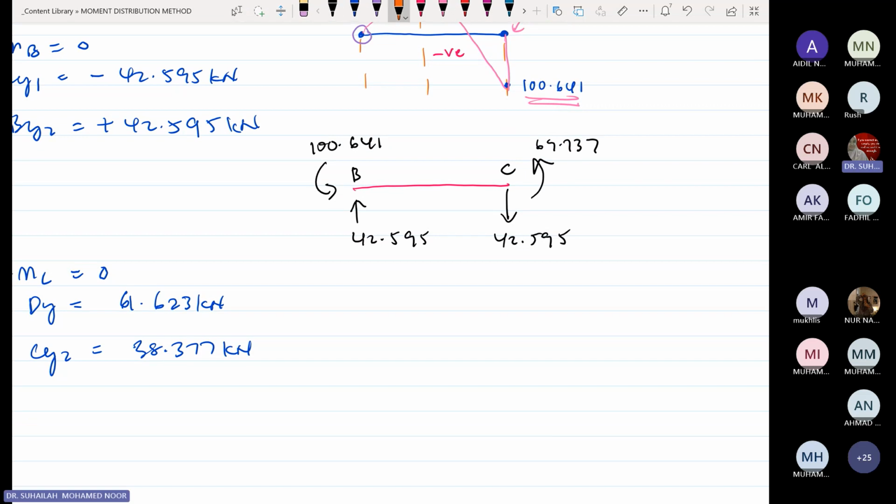Okay, so for shear force, shear force is zero line. Start from 0. Tengok arrow tu ke mana? Arrow tu tunjuk atas, naik atas.